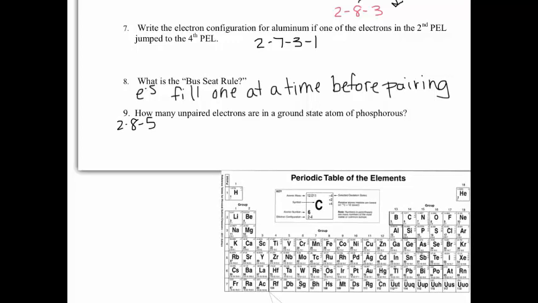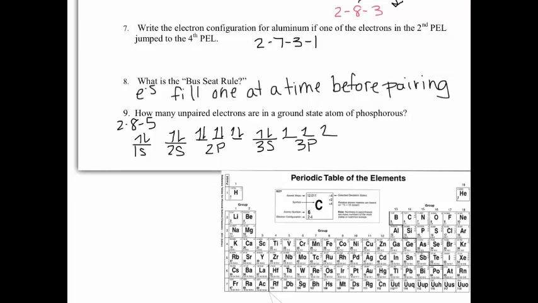So we kind of have to draw the orbital notation to figure this out. 1s is full. 2s, 2p. I'm going pretty fast here. Hopefully you're following along. That's the 8. Then 3s, there's 2. And then 3p, 3, 4, 5.